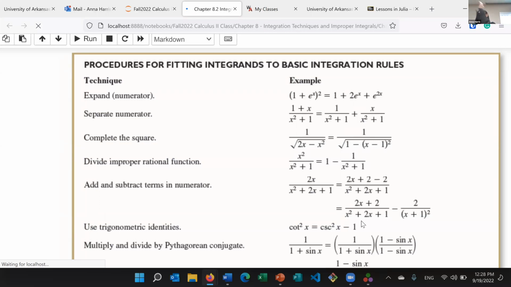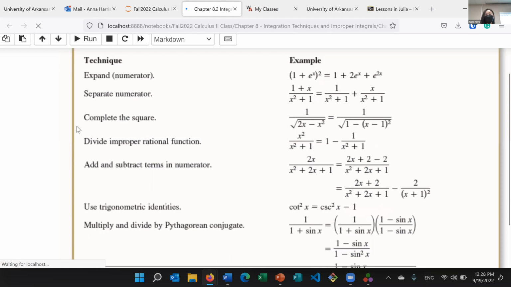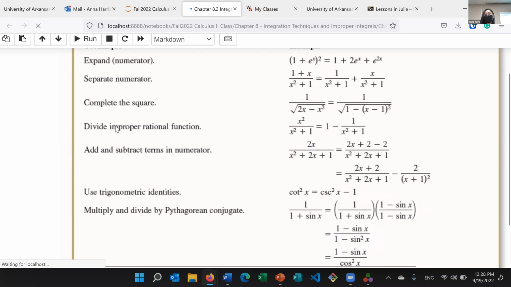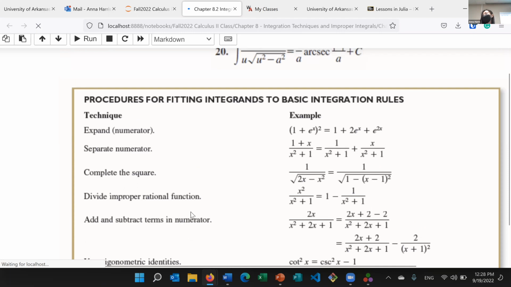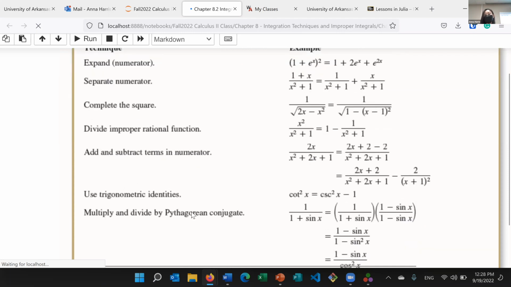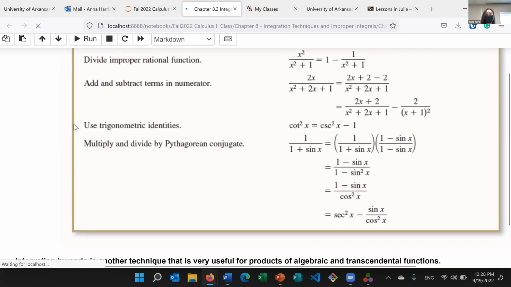And then what? X over x squared plus 1. So you have to separate the numerator. Other techniques are also complete the square, divide the improper rational functions, add and subtract in the numerator. These are different techniques that you have to use. But right now, okay, this is the one that you need to know a lot. We're gonna use this one a lot.